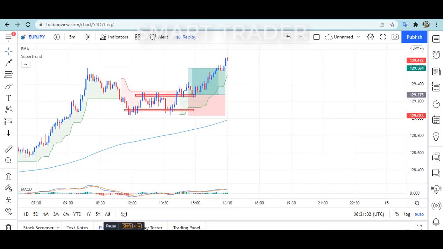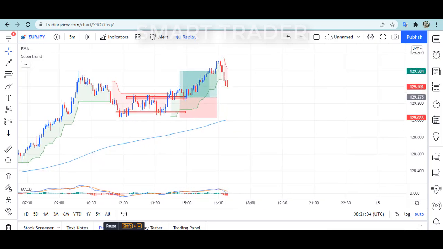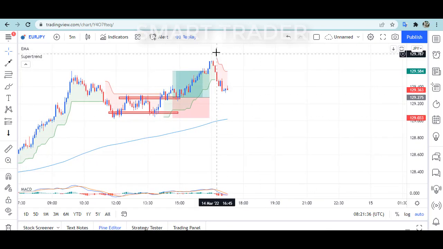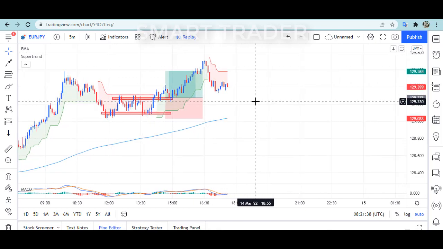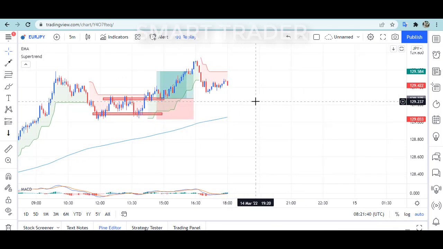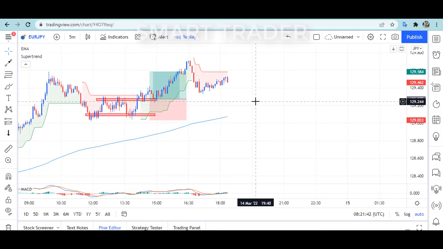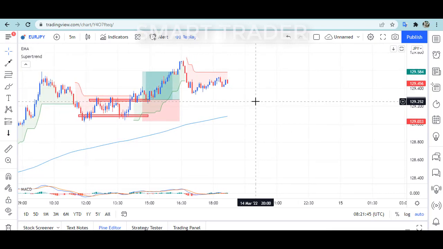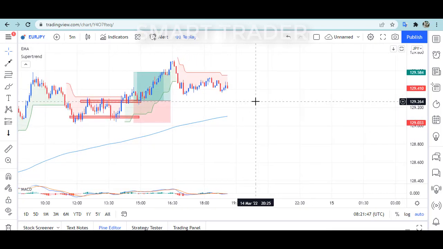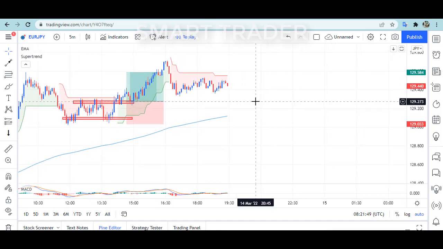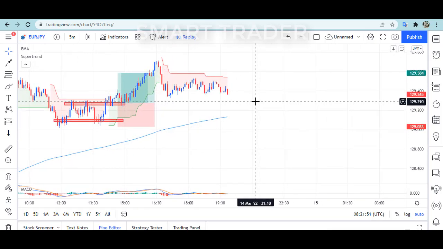Okay, now let's see the market give us another signal. As you can see here, the market is now in a downtrend, the Supertrend is in red, and we will wait for the Supertrend to transition into a trading range.